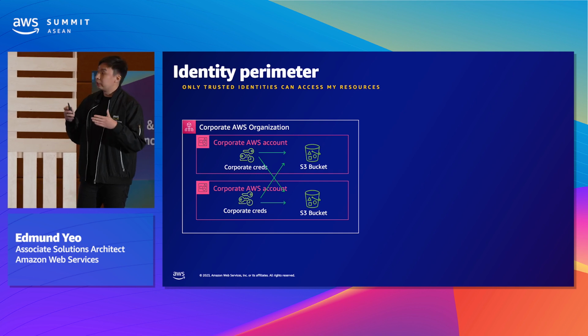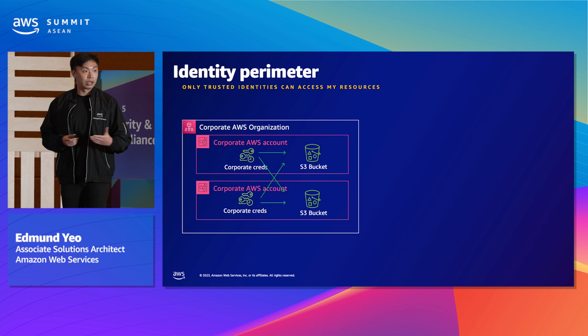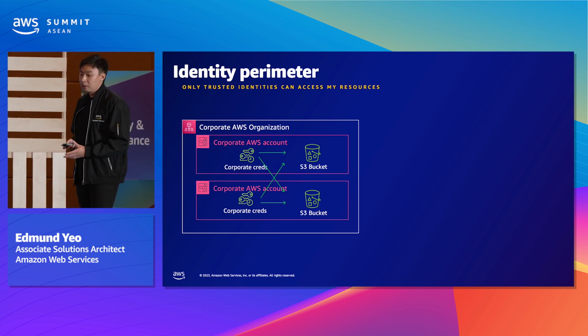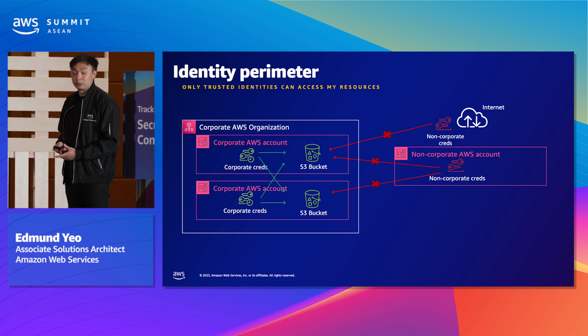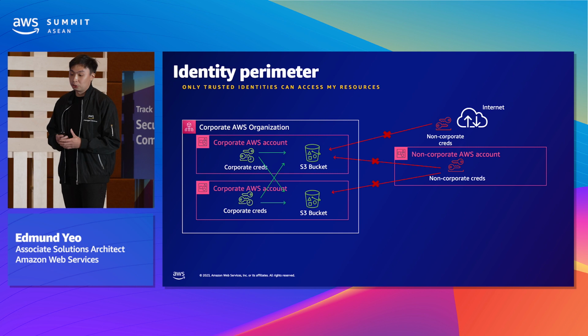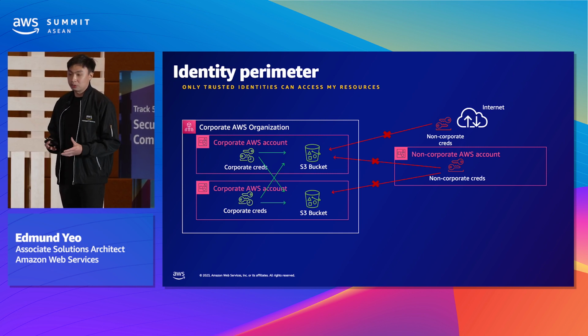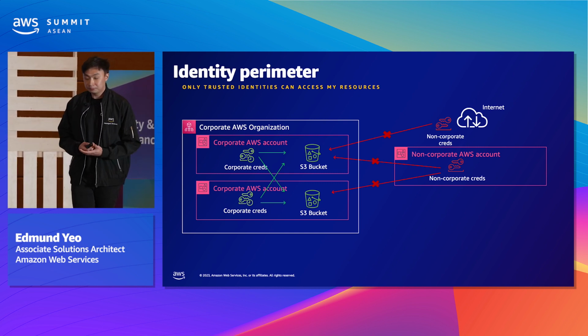It can be an access path to your own corporate AWS account or even cross-account access, but within the same corporate organization. So what you want to deny here is the use of non-corporate credentials to access your resources. Those could be identities from other non-corporate AWS accounts or even unauthenticated access from somewhere on the internet.